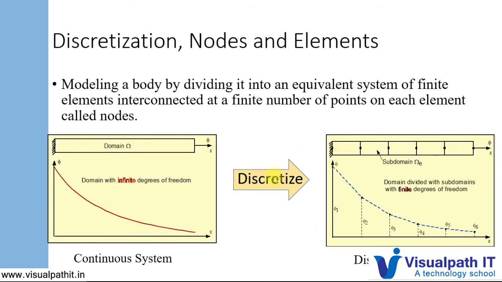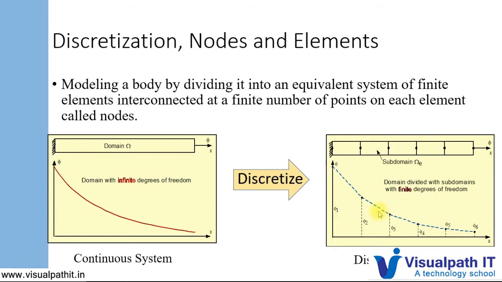This is the condition of our physical domain after discretization. We will have 1, 2, 3, 4, 5 elements, and each element, or subdomain as we call it, will be connected through nodes. Nodes are like interconnections that connect the elements or subdomains in a finite element discretized body.